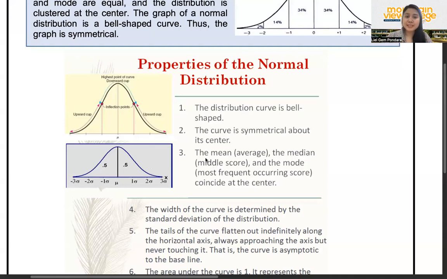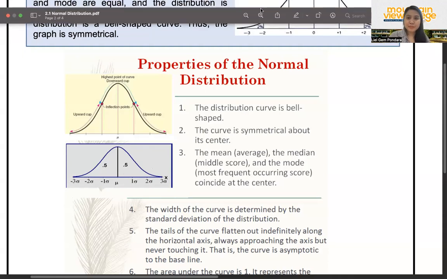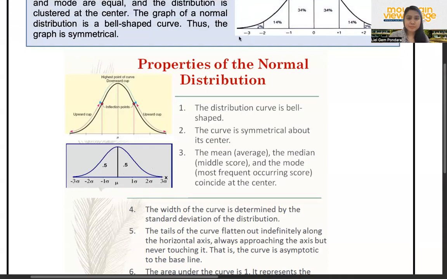The third is the mean, that's the average. We call it mu. The median, that is x bar, not x bar, x tilde. Let me now write here. We say the mean, for some it's x bar or mu.